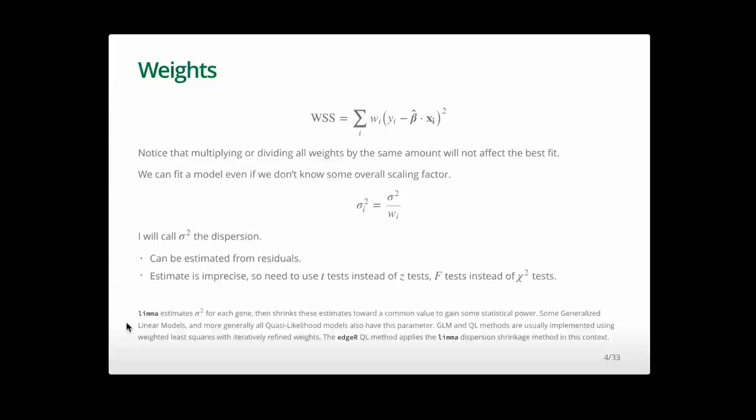So, for example, the edgeR quasi-likelihood method involves fitting GLM models to each row in the matrix, but then again estimating this dispersion and doing the exact same thing as limma with squeezing those dispersions towards a common value. And my package Weitrix has various functions along those lines, and they'll also do this sort of squeezing.